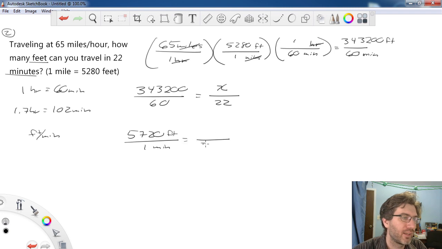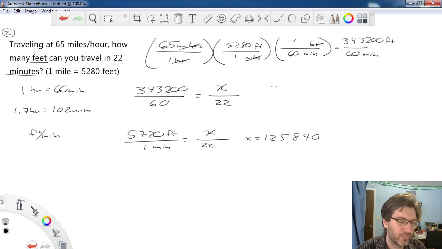And then you can take that to 22. Like, how many is that? And this math is a little easier. You just multiply it by 22. So we're going to multiply this by 22, and here x is going to equal 125,840. Does that make sense? Yeah, it's a lot less than that.